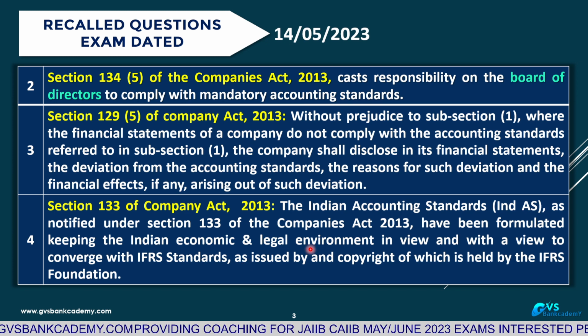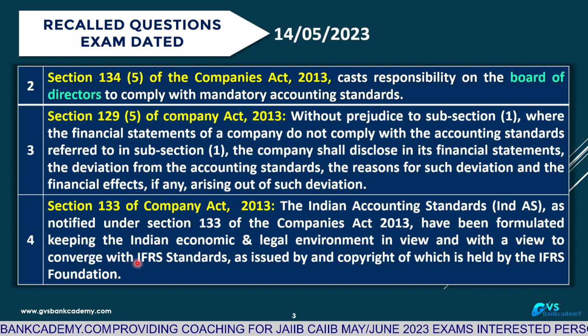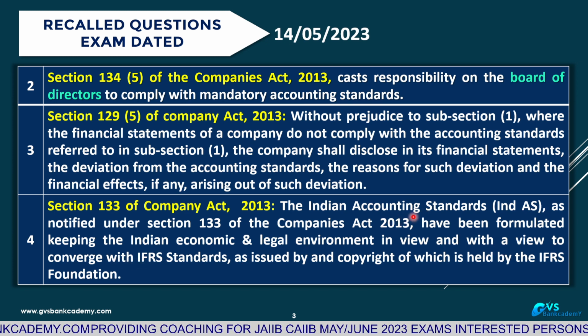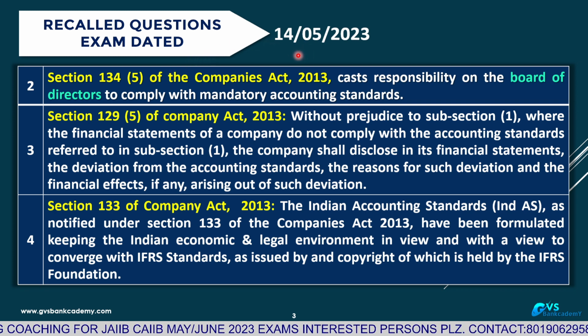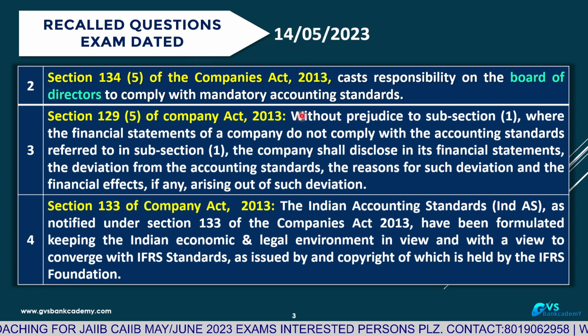So, in convergence with IFRS, the Indian government issued Indian Accounting Standards, IND-AS, under Section 133 of the Companies Act. In total, around 10 to 12 questions were asked in this examination regarding accounting standards, deviations, responsibility, and IFRS convergence.